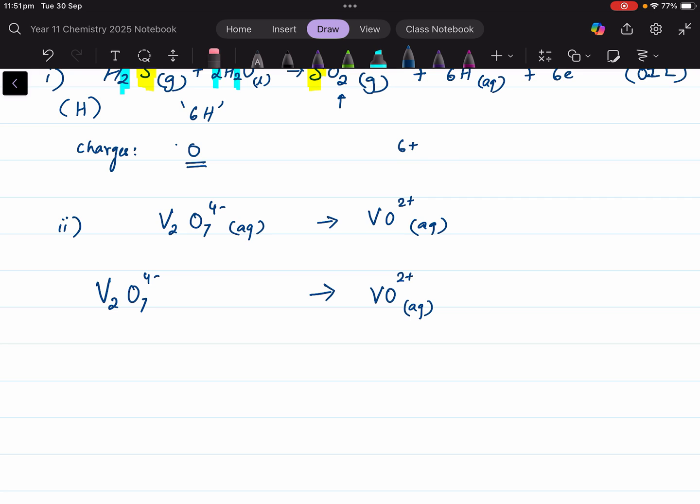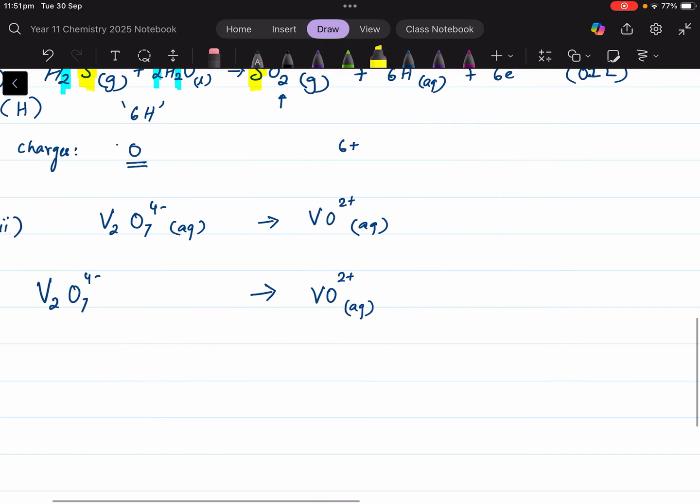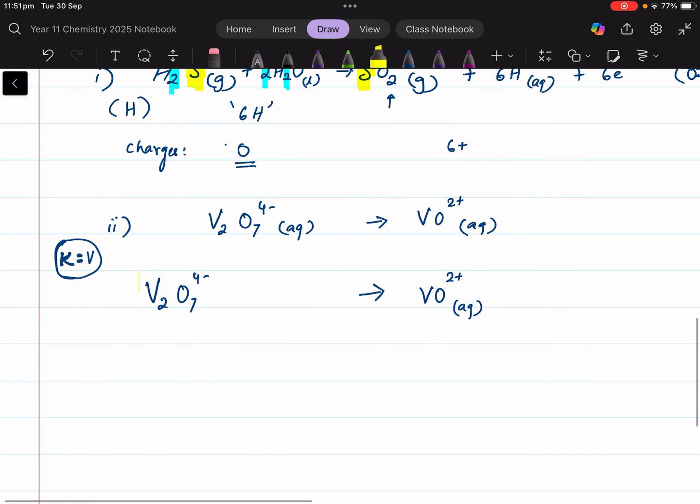Now, the very first thing that I'm going to do is the key element. The key element is V, vanadium. So if I'm going to use a colored highlighter for that, I can see that I have 2 vanadiums here and only 1 on the opposite side.